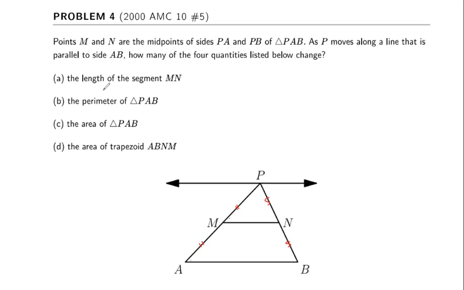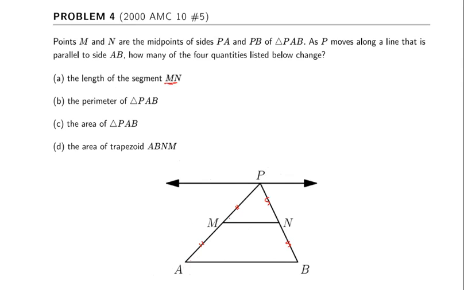For part A, if you drag this point P on this line, which is parallel to AB, meaning this line is parallel to MN, which is parallel to AB, so all 3 are parallel. If you drag P to the left or to the right, the length of segment MN is half of AB, because the ratio of MP to PA is 1:2.